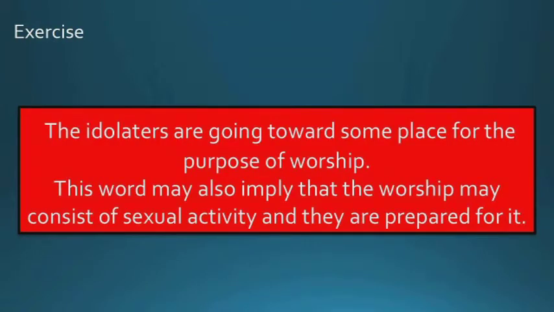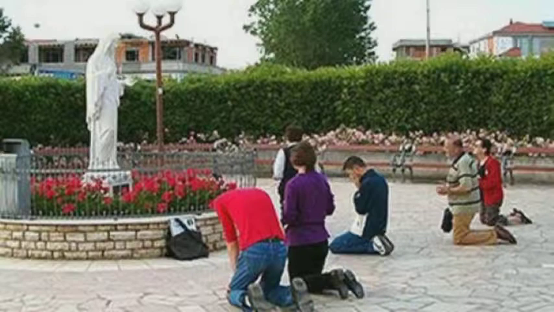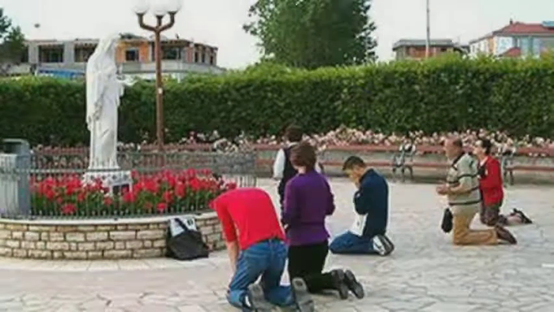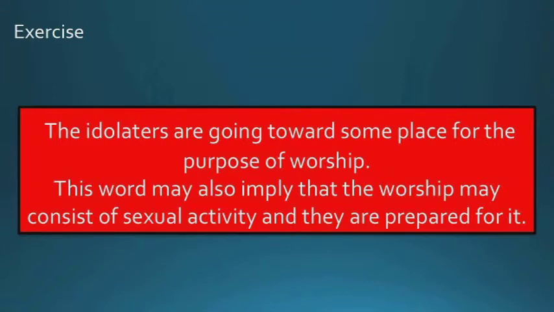The idolaters are going to go toward some place for the purpose of their worship. Now, this word may also imply that the worship may consist of sexual activity that we just discussed, and they may be preparing for it, whatever that might mean.